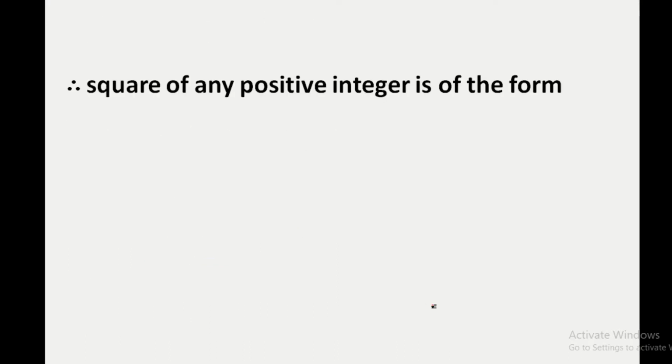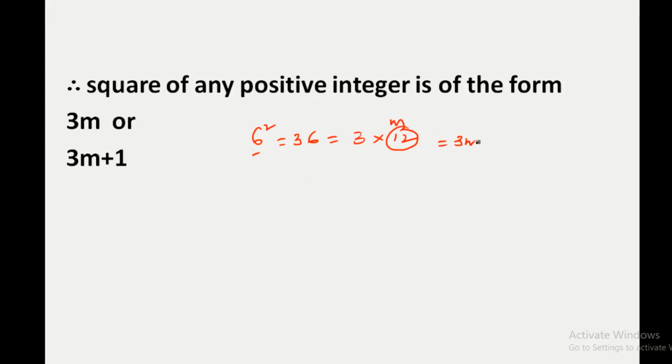Finally, we conclude that the square of any positive integer is of the form either 3m or 3m plus 1. Let us take some numerical values for this. If I say 6 square, that is equal to 36, and this can be written as 3 into 12, so 6 square is in the form of 3m.